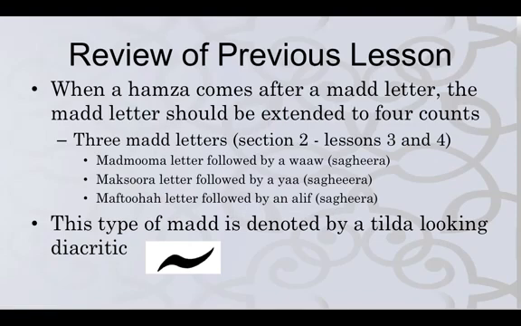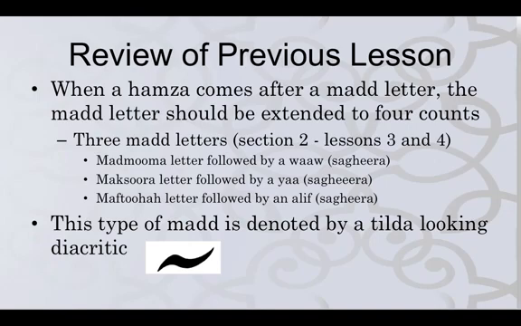Whenever these 3 huruful mad are present, but the letter immediately following them is a hamza, that mud letter should be extended to 4 counts. And we learned about the 3 mud letters in section 2, lesson 3 and 4.